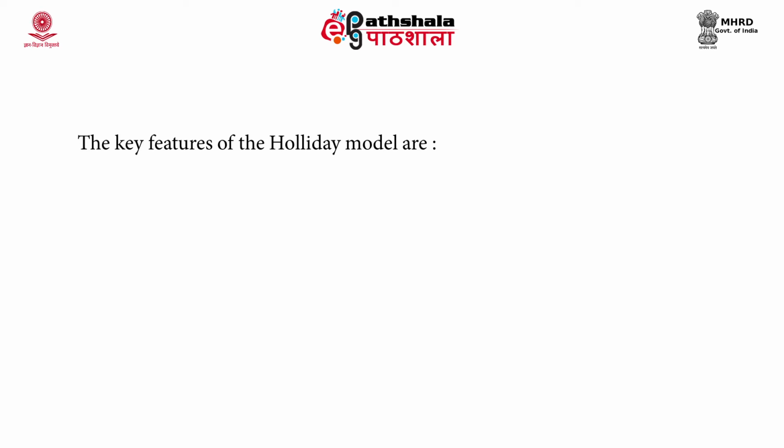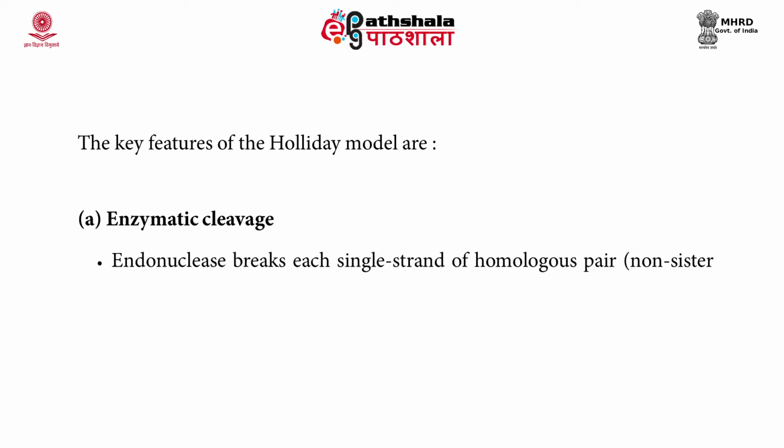In general, models of crossing over provide insight about the molecular mechanism of recombination. Starting with the key features of the Holliday model. A. The first key feature is enzymatic cleavage. As understood through the figure, in enzymatic cleavage, endonuclease breaks each single strand of the homologous pair, that is non-sister chromatids which are about to cross, which maintain the same polarity.